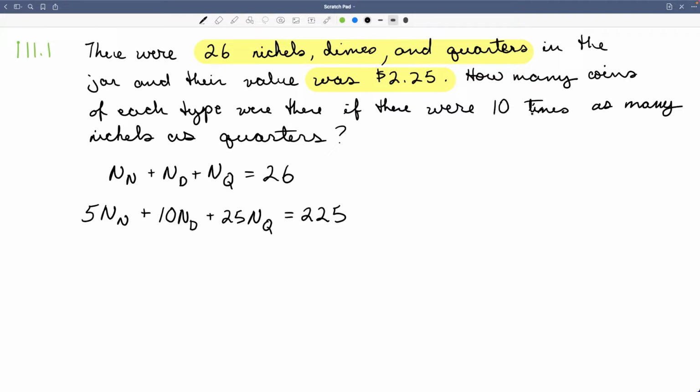So there were 10 times as many nickels as quarters. So 10 times the number of nickels is the number of quarters that we have. Right? Is that right?